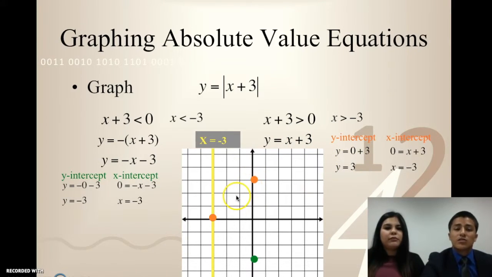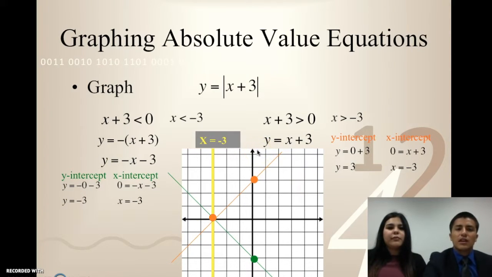Alright, so now to draw the graph of each of these equations, we draw a line through the points. So for this green line, the negative line, this left side, we use the point from here to here. And for the right side, we use this point to this point. Alright, so now we have both of the lines of both of our equations.